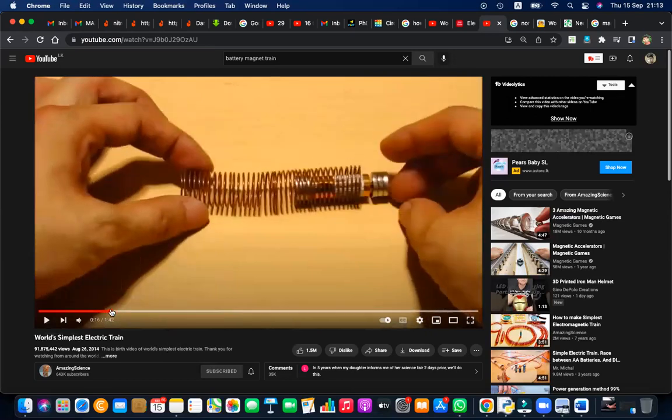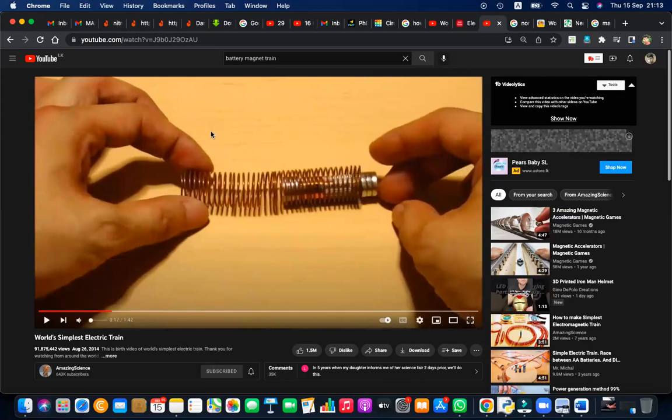When both edges are touching, power goes from the positive to negative. When these 2 magnets are touching the coil, what will happen? There will be a circuit created.